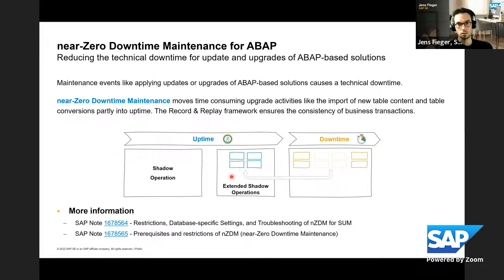One reflects the source release. This table is accessed by the business user, and the second version of the table reflects the target release. And of course, if the business user still operates on the table, we have to make sure that the changes, so it could be inserts, deletes or updates, are replicated into the second version of the table, and that is done with the CRR framework.